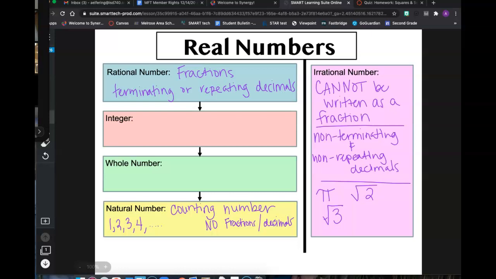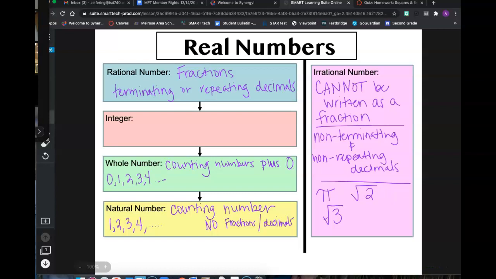So whole numbers are counting numbers plus 0. Okay, so the only difference between a counting number and a whole number is now we start at 0. So whole numbers would be 0, 1, 2, 3, 4, and so on.